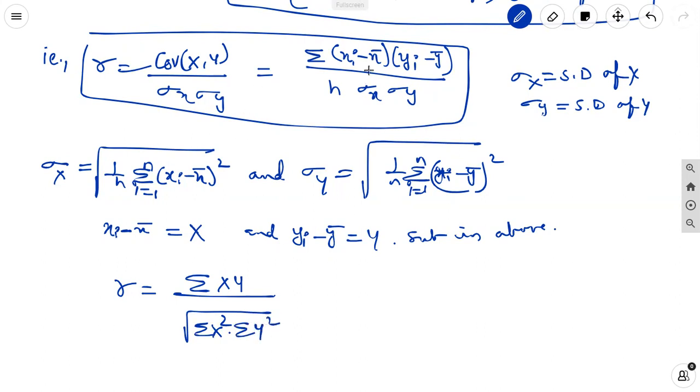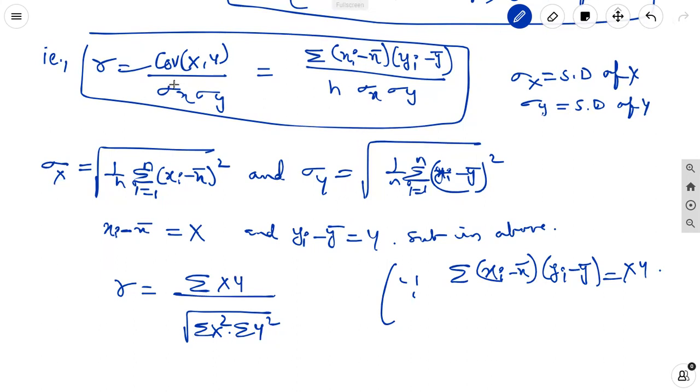Here we substitute xi minus x bar equal to capital X, yi minus y bar equal to capital Y, so summation xi minus x bar into yi minus y bar is equal to XY, and the 1 by n factors cancel.